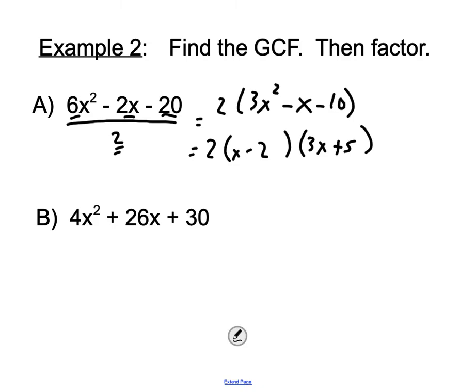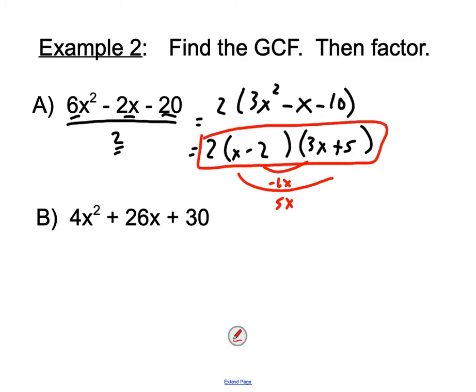Check those inners and outers. Negative 6x plus 5x does indeed give me the negative 1x. So that works. Your whole answer is there, even with that whole number 2 on the outside.